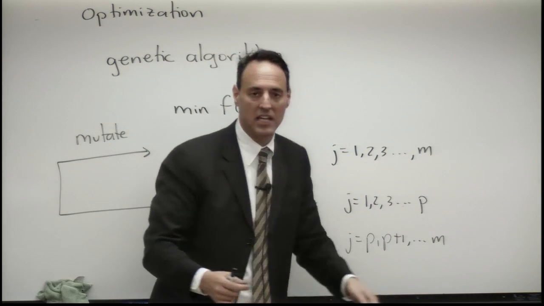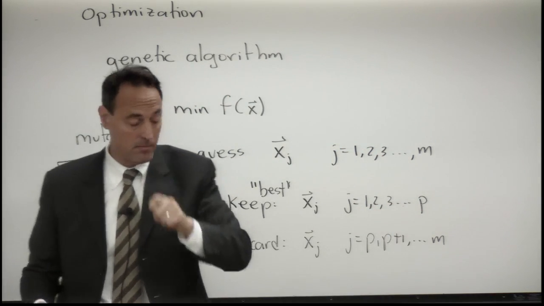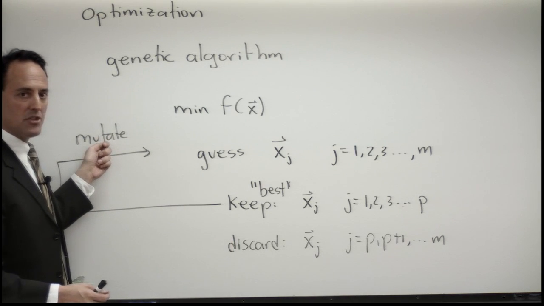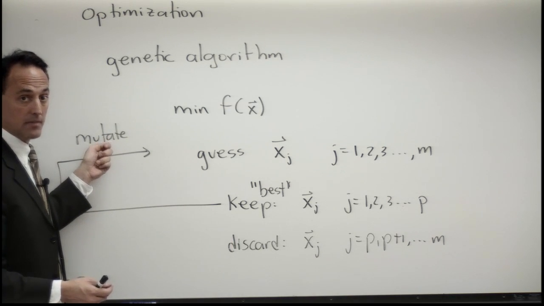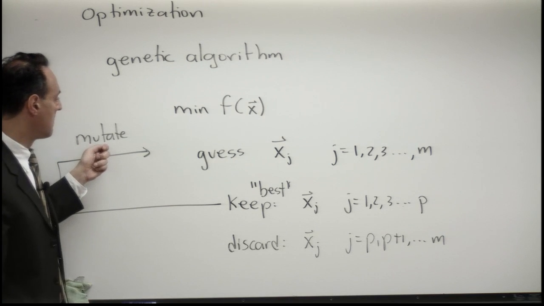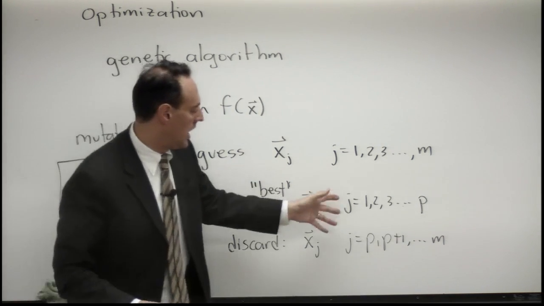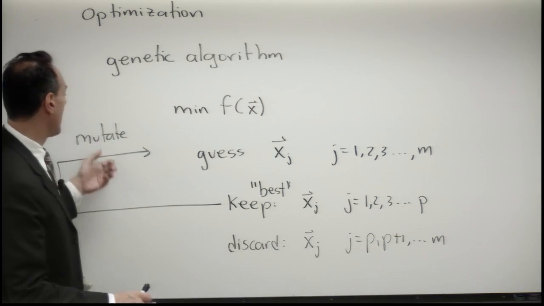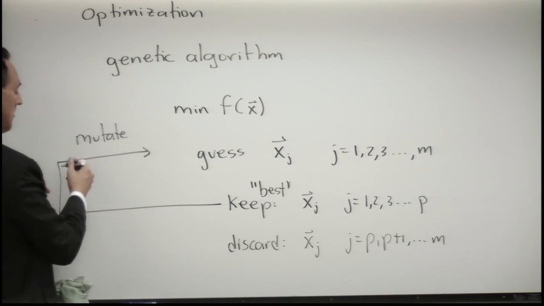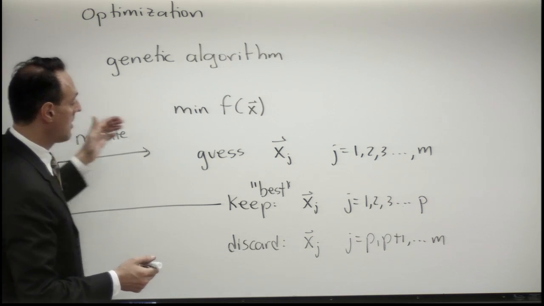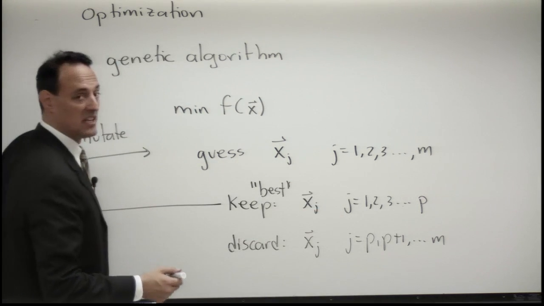For the 10 that I keep, I'm going to take one of them, and I'm going to create 9 mutations of this thing. So I keep 10 of them. For each one, I make 9 mutations of it, let's say. And then take the next one, make 9 mutations of it.